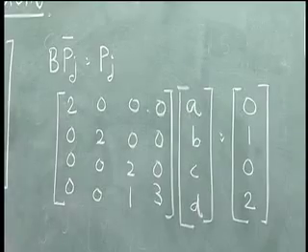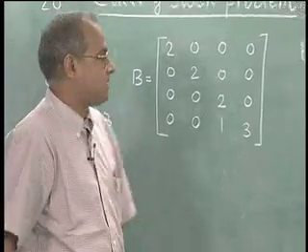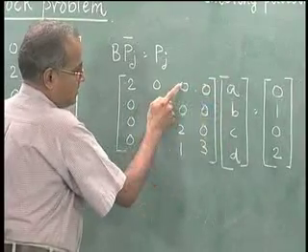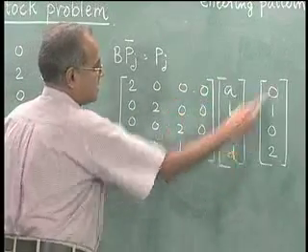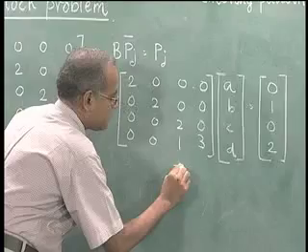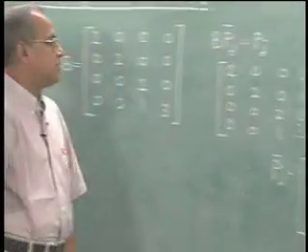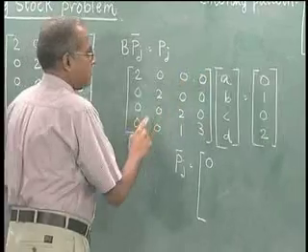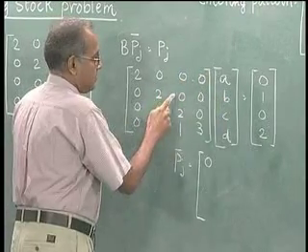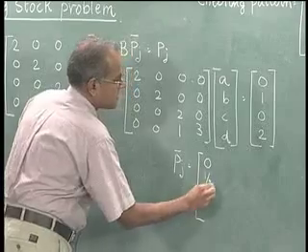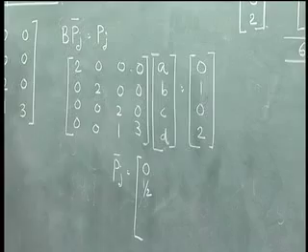Now, once again by a process of substitution we can find out A B C D. 2a plus 0b plus 0c plus 0d is equal to 0, which gives us a equal to 0. 0a plus 2b plus 0c plus 0d is equal to 1. So, this gives us b equal to half.